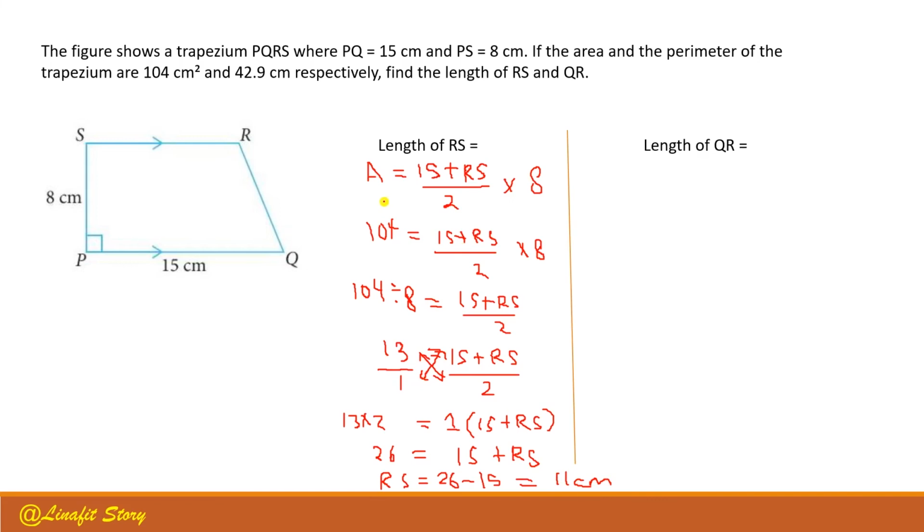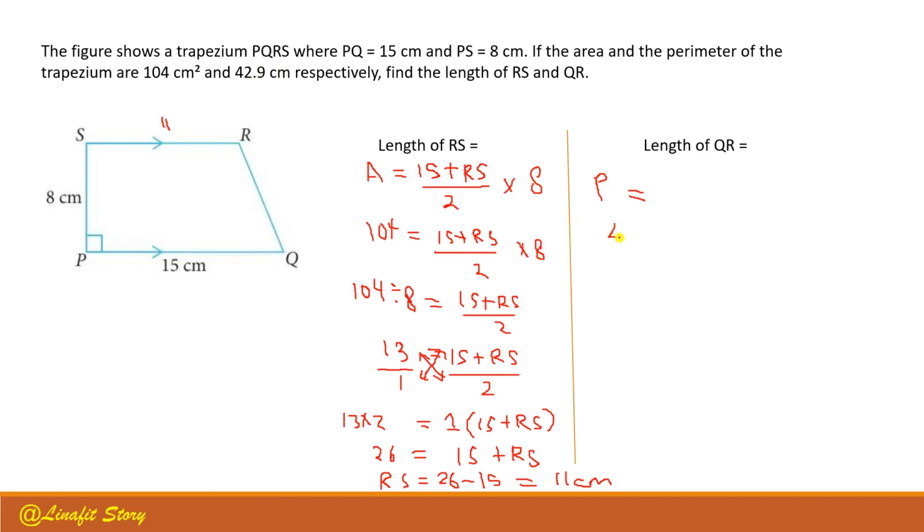And then, how to find the length of QR? Before, we already get RS is 11 cm. To get the perimeter, we find the sum of the length of its 4 sides. So, the perimeter is equal to 42.9 cm.